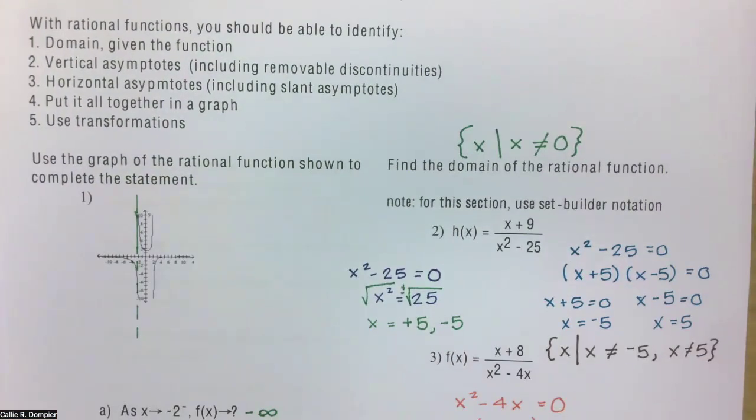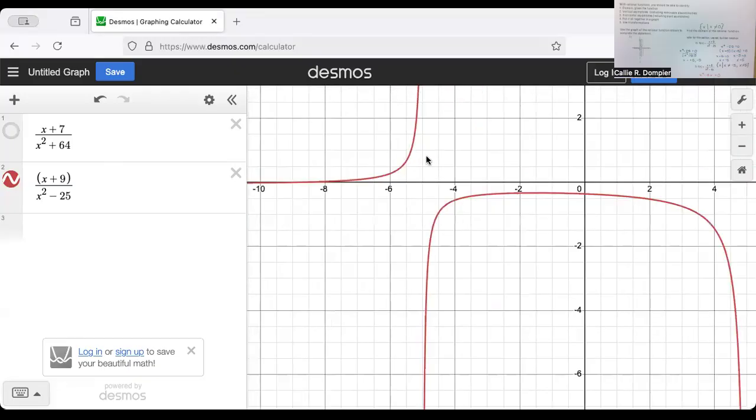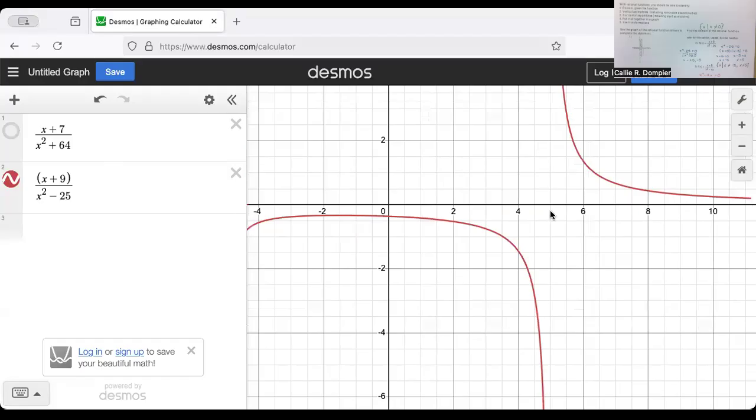Here, I'll graph number 2 for you. All right, if you graph number 2, it's red. So not the black one, the red one. And we found for number 2 that x can be any real number except -5, which is right here, and +5, which is right here.